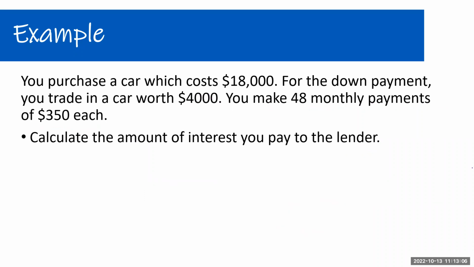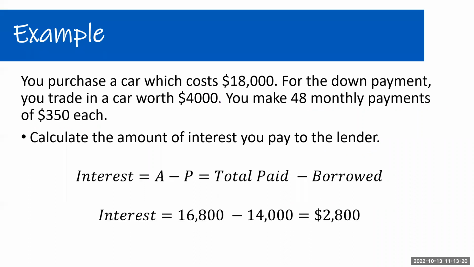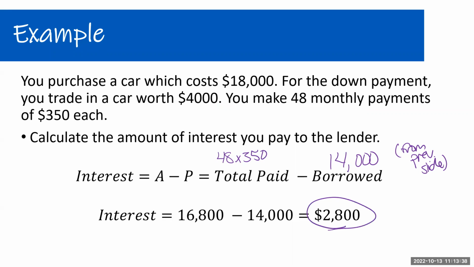How much interest did you pay to the lender? Well, remember that your interest is just how much you totally paid minus how much the principal was. So if you paid that $16,800 total and you financed that $14,000, or that you borrowed $14,000 from a previous slide, and you know that this is that 48 times 350 from a previous slide, then your interest must be $2,800.